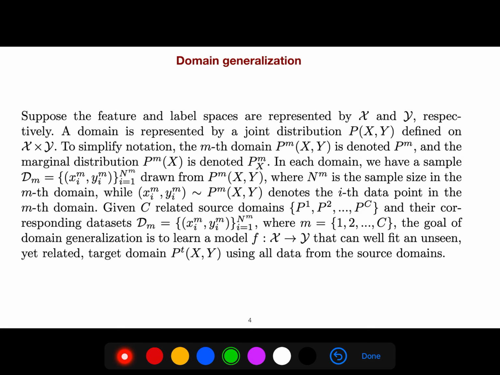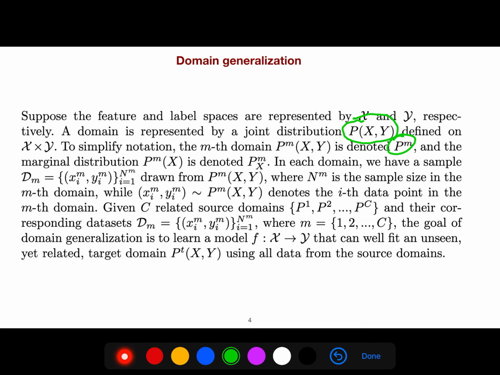Suppose the feature and label spaces are represented by X and Y. A domain is represented by a joint distribution defined on the product space X times Y. To simplify notation, the M-th domain is denoted by P sub M, and the marginal distribution is denoted similarly.